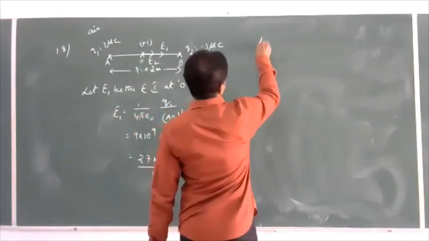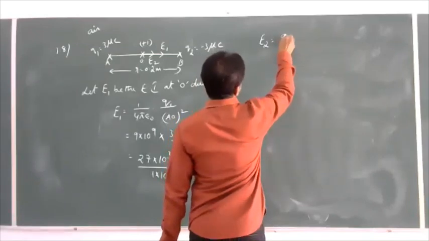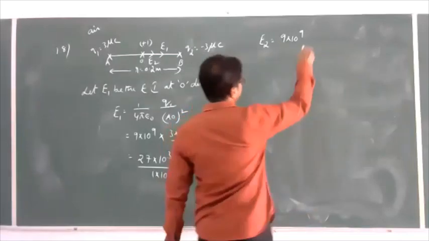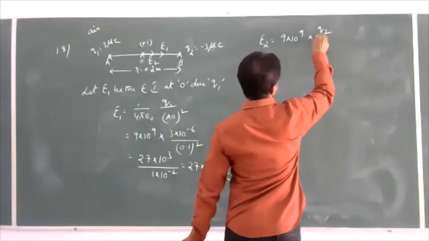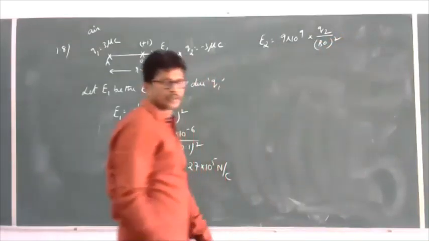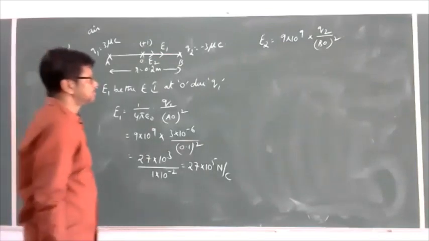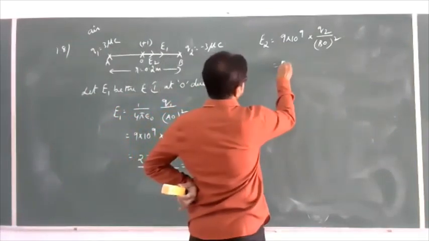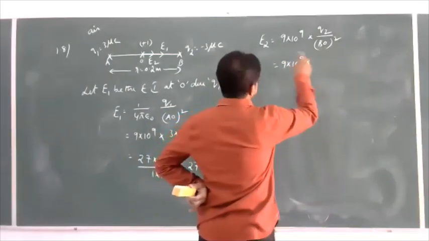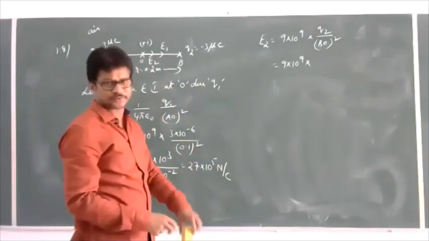Then how are we going to get the E2 value? E2 is equal to 1 by 4 pi epsilon naught, that is nothing but 9 into 10 to the power of 9, Q2 by BO square. So 9 into 10 to the power of 9 times the Q2 value. Though the minus is there, we have to consider plus only, as we discussed.